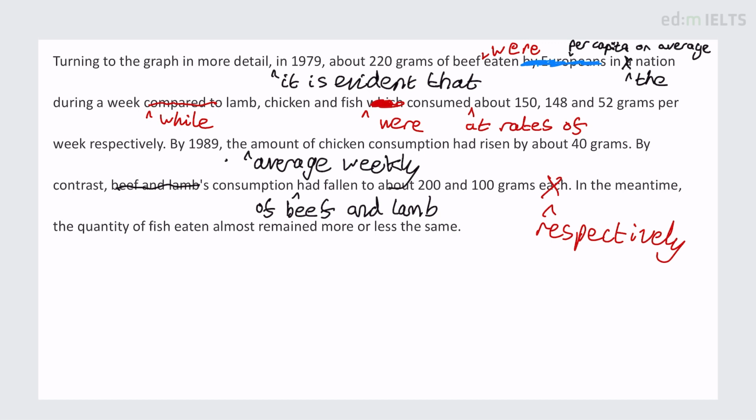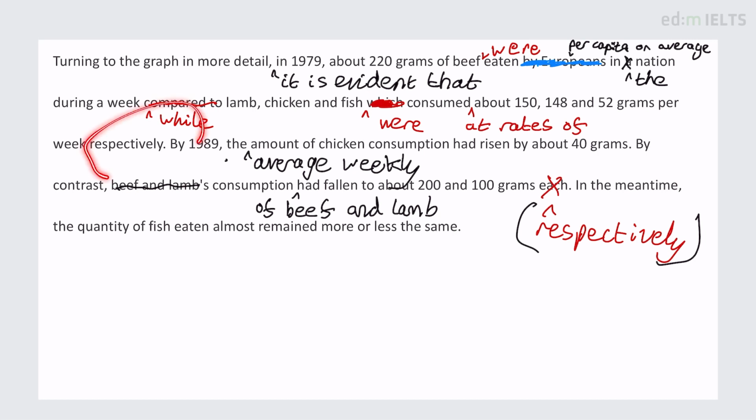But if you don't want to repeat the word, you just skip it the second time. Because the first time, I've made very clear that this is the style I'm using. I'm doing it in order. So if I then mention two things and give two figures, logically the reader just assumes it's going to be the same.